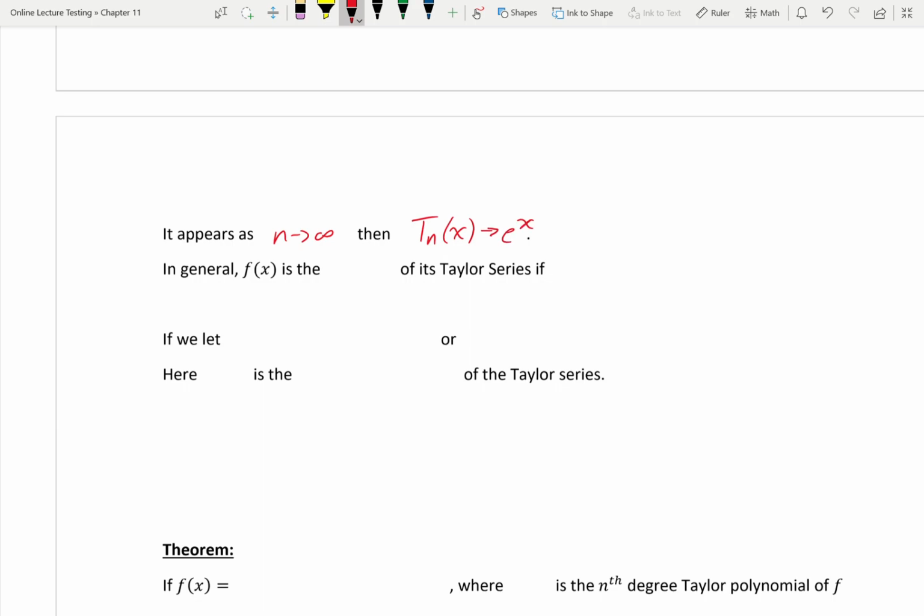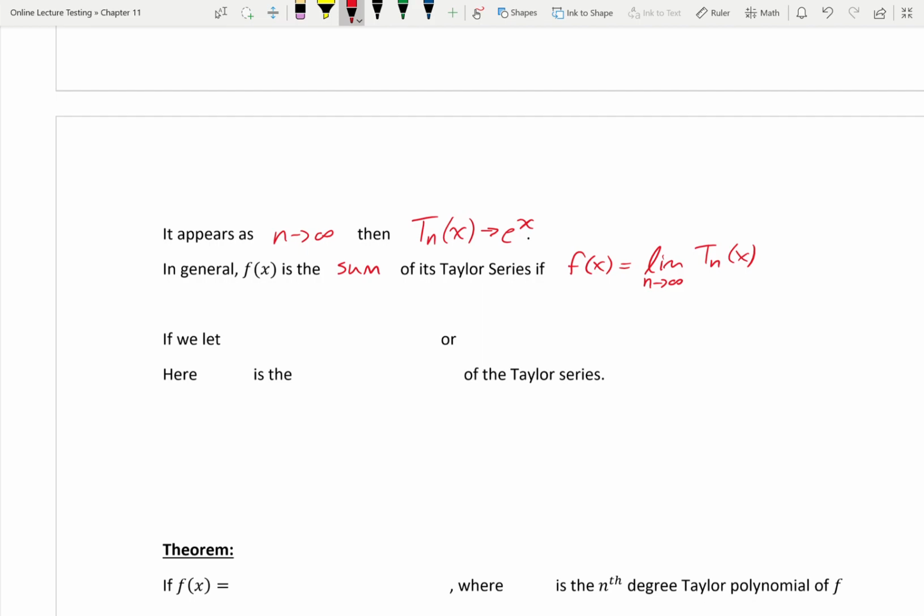In general, if f of x is the sum of its Taylor series, if f of x is equal to the limit as n approaches infinity of t sub n of x.